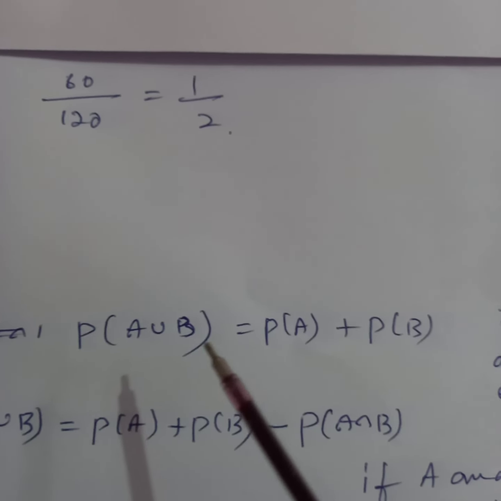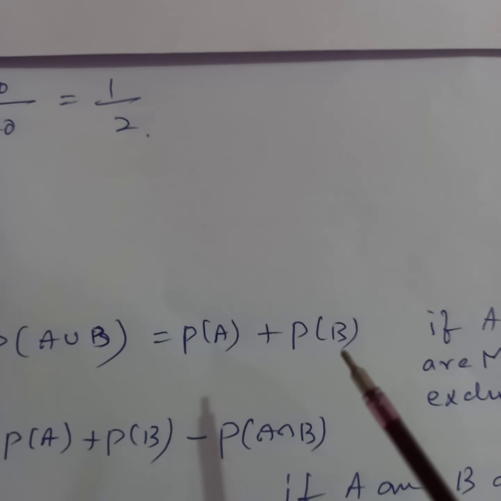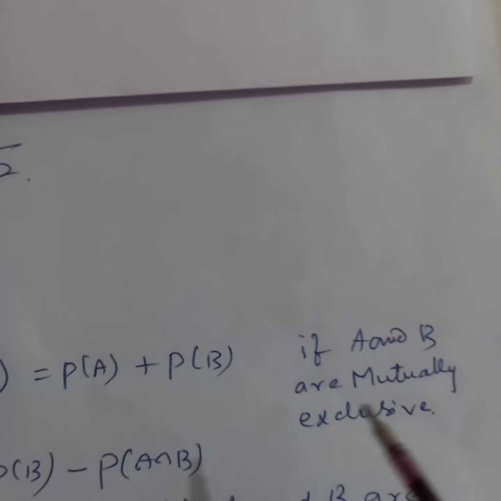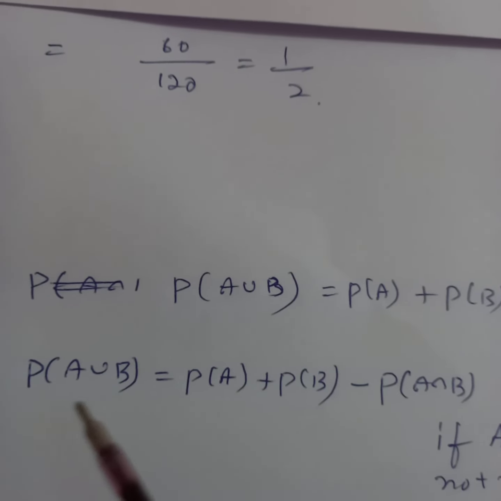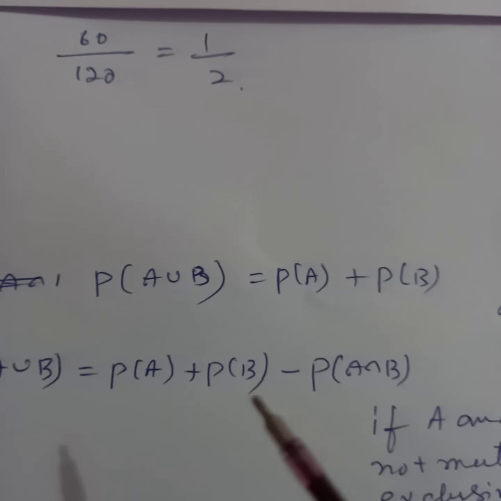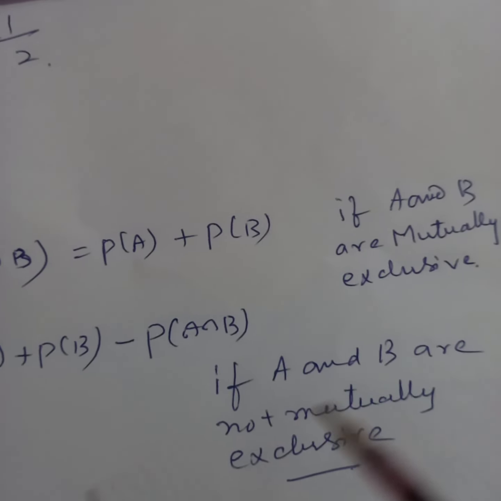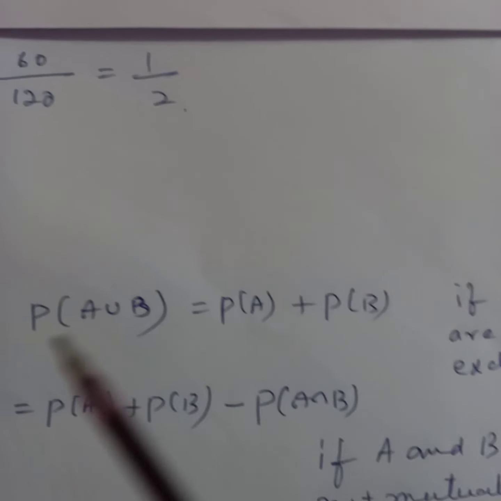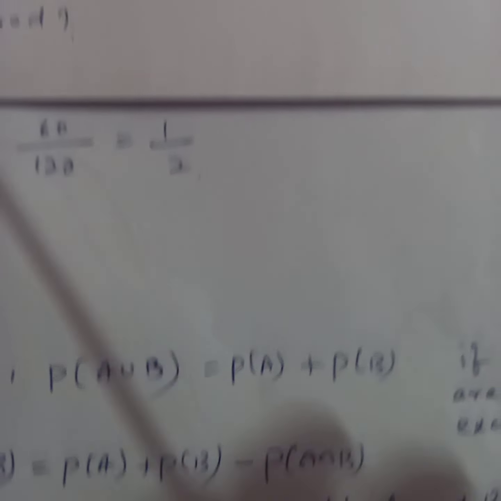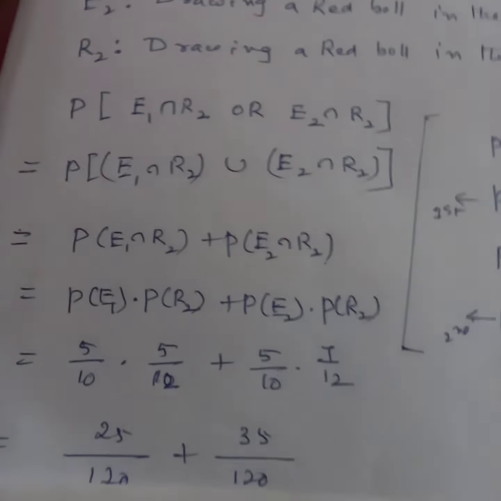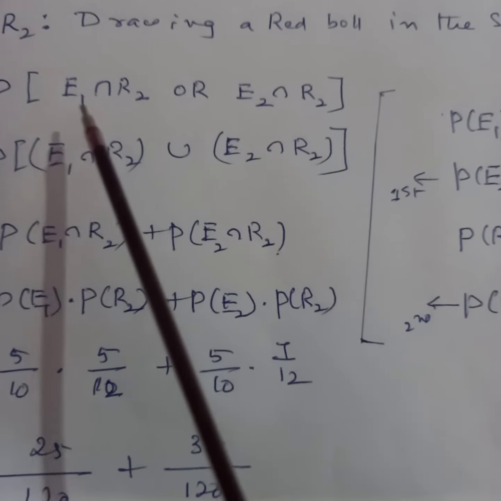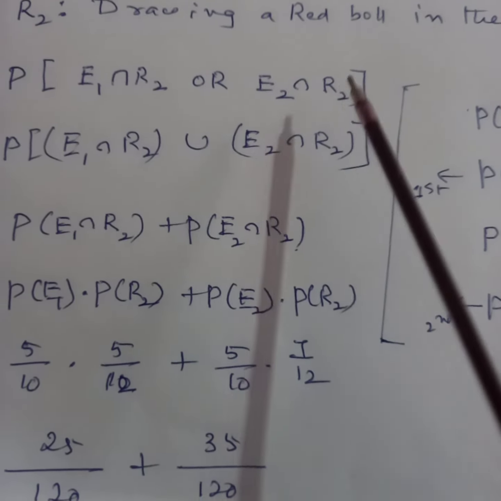Probability of A union B is equal to P(A) plus P(B) if A and B are mutually exclusive. Probability of A union B is equal to P(A) plus P(B) minus P(A intersection B) if A and B are not mutually exclusive. But we have used the first formula because these events are mutually exclusive.